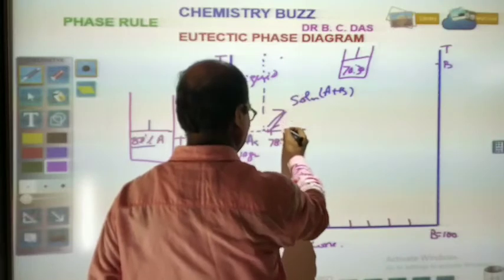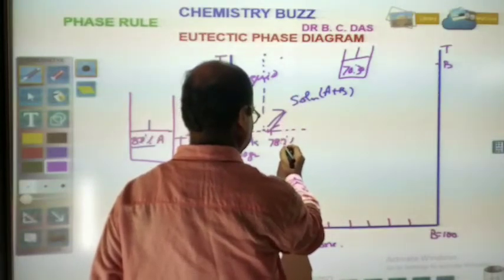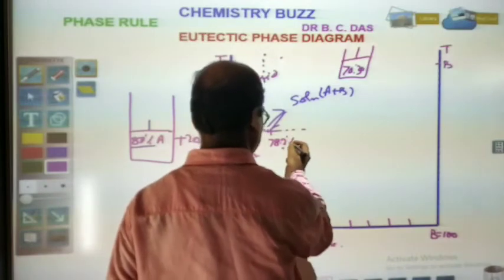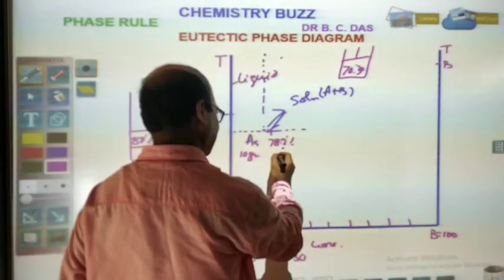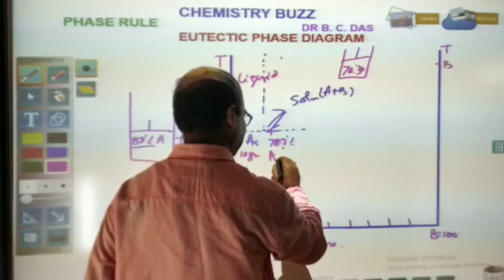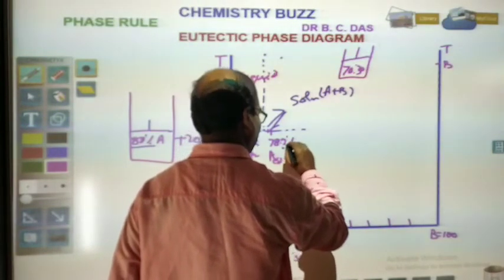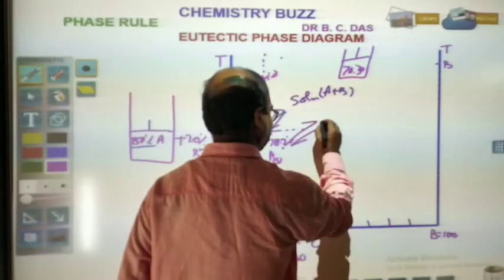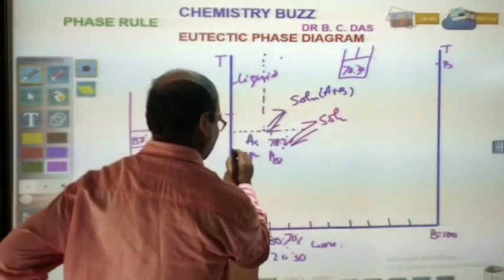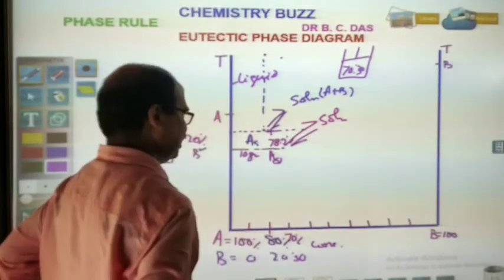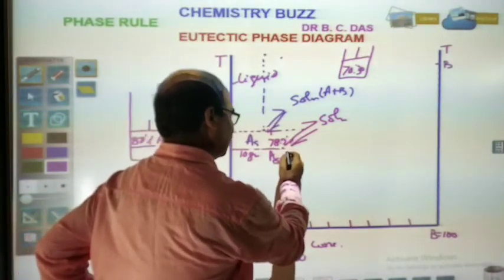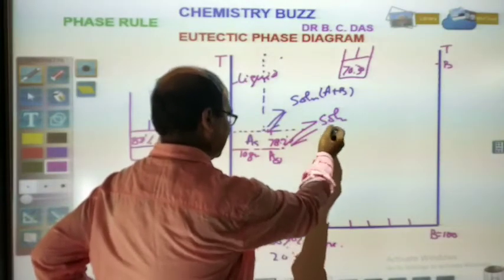Again we started cooling and cooling. So at this point, say the first formation of solid starts. Here the same thing happens. The solid A is in equilibrium with the solution, and the temperature corresponding to this point is this one, and the percentage composition of the solution is changed.